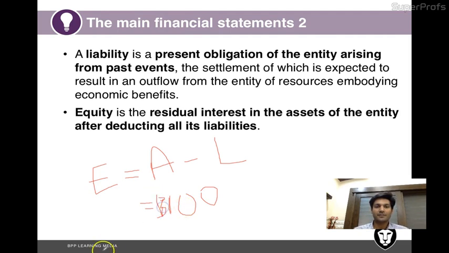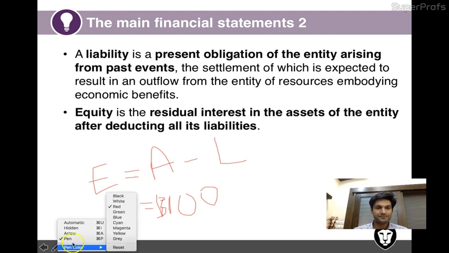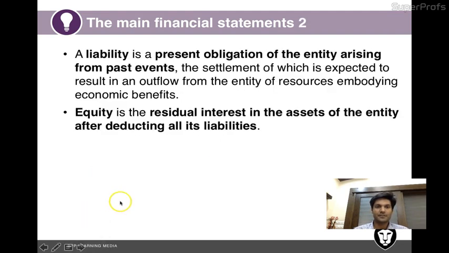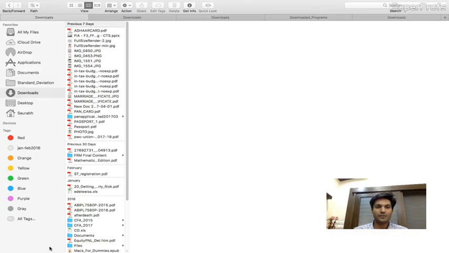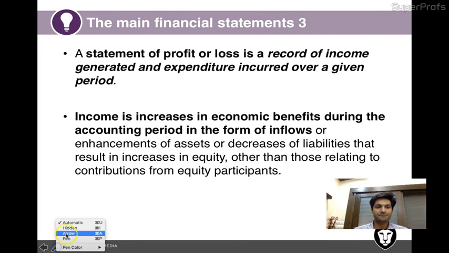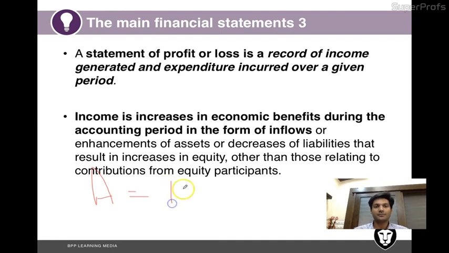So we have an asset worth $100, okay, $100. And suppose we have taken a loan of how much?